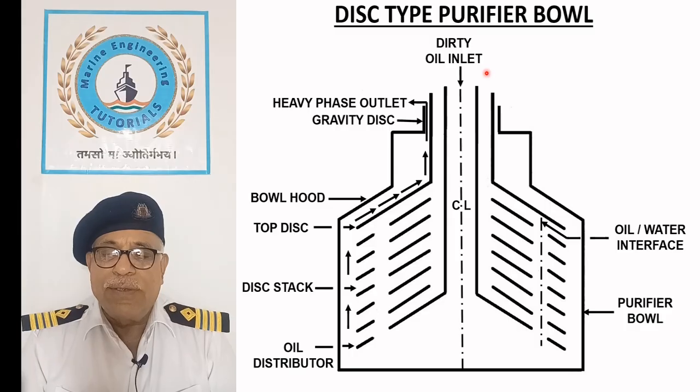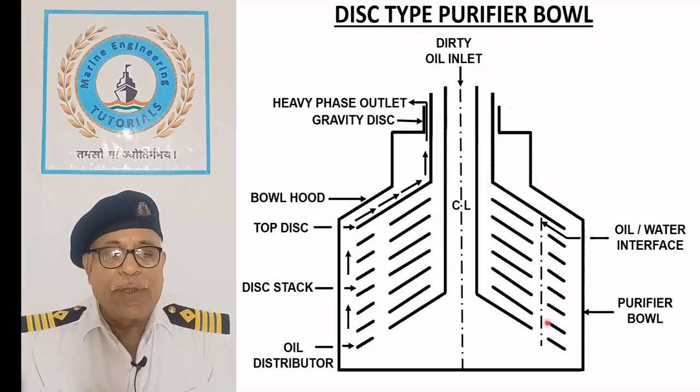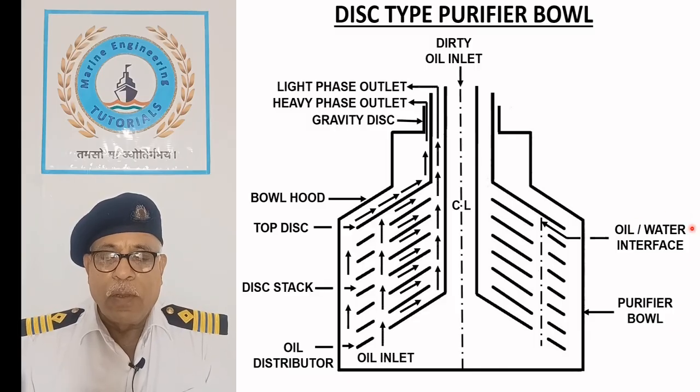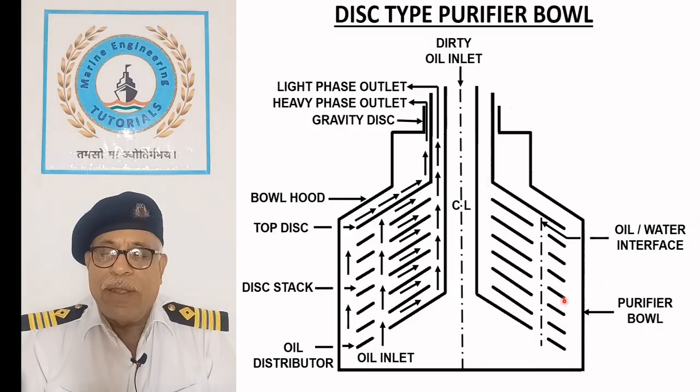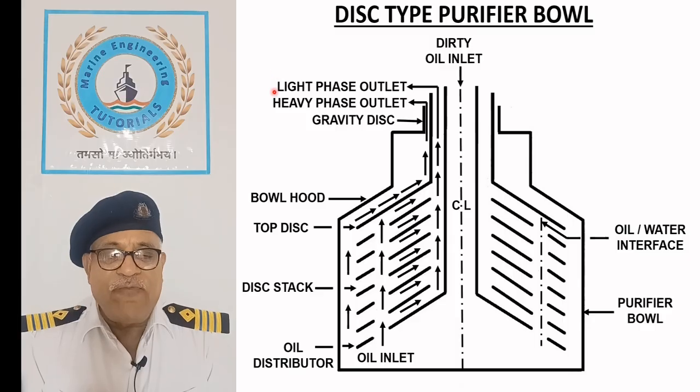When dirty oil is admitted, it displaces some of the sealing water, establishing the oil-water interface. The oil then enters the disc stack through the distribution holes, flows between the discs, and the clean oil exits through the light phase outlet.